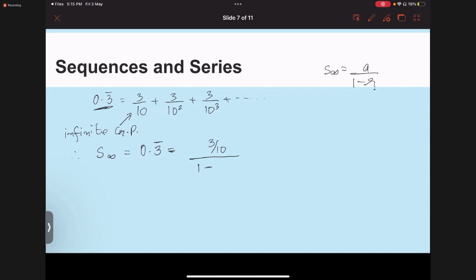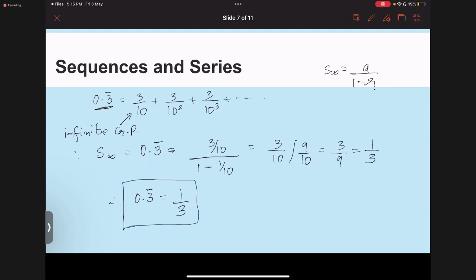Because our R is less than 1. Our R was 1 upon 10. So this can be written as 3 by 10 divided by 9 by 10. So you have 3 by 9, and this is 1 by 3. Therefore, in the rational form, 0.3 bar is equal to 1 by 3, and this is our answer.